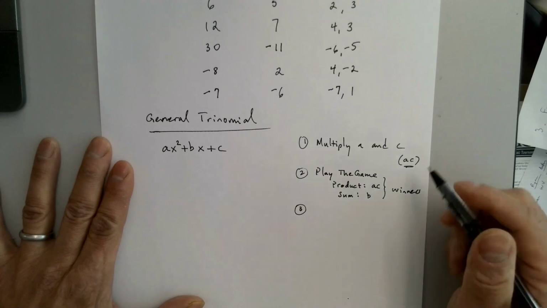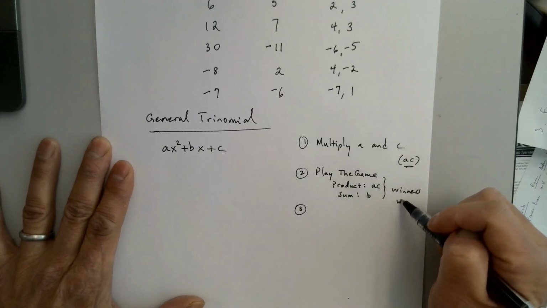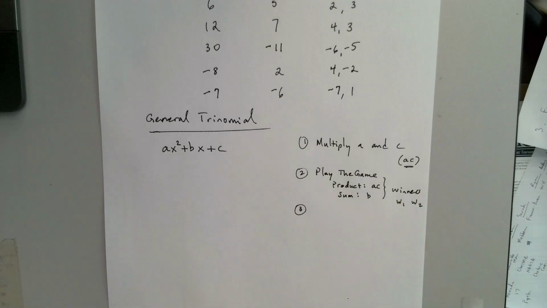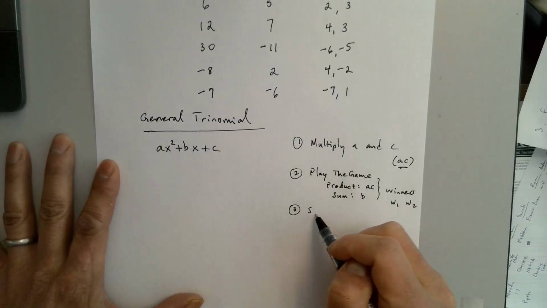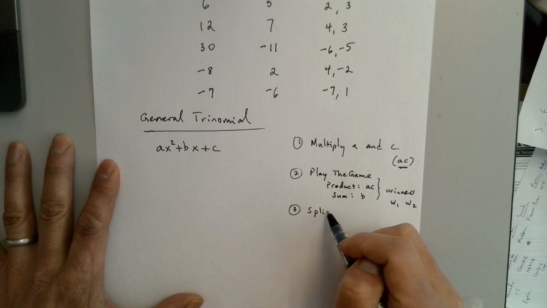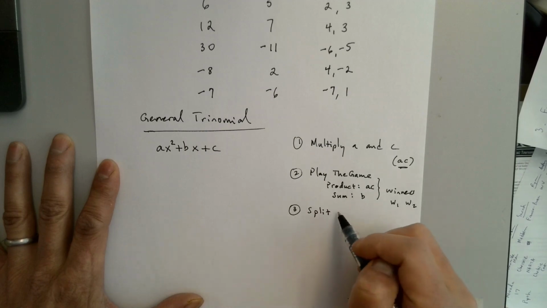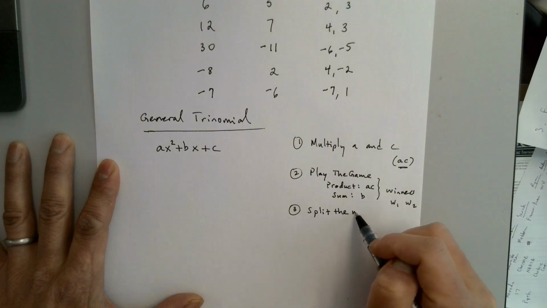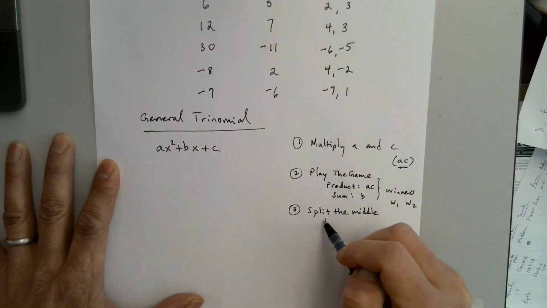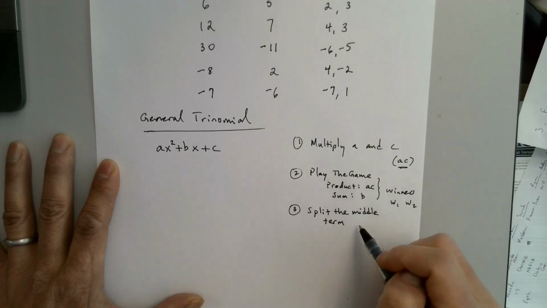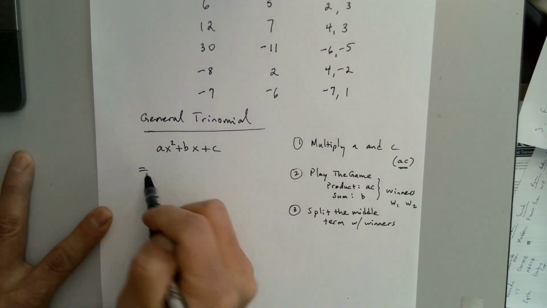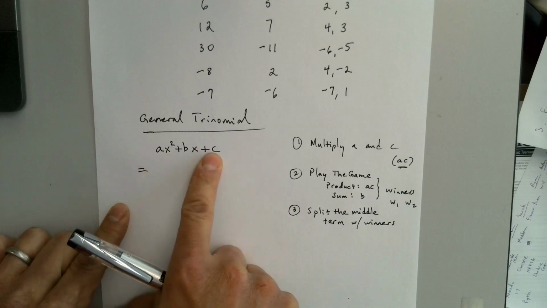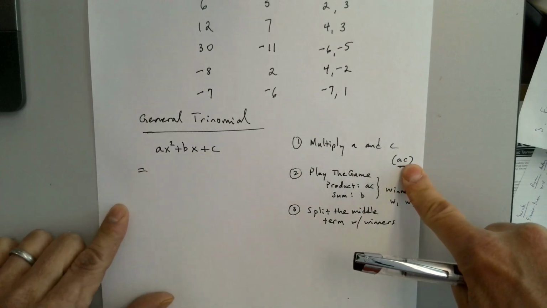I'll call the winners just W1 and W2, okay? Now, I do something called splitting the middle term with the winners. Okay, this is what I mean. I take my trinomial, I do the first step.